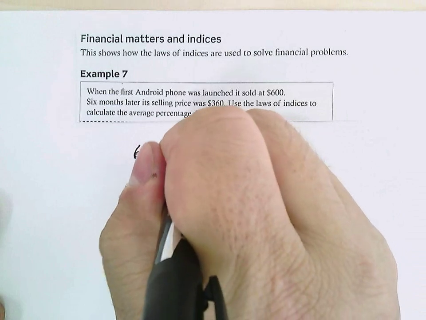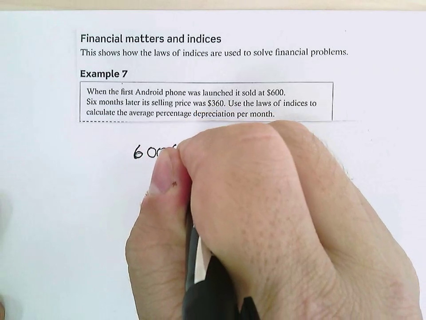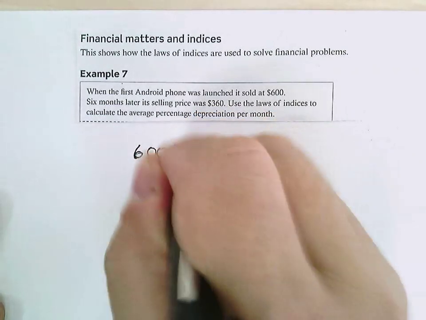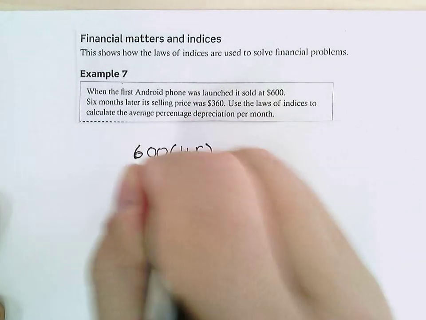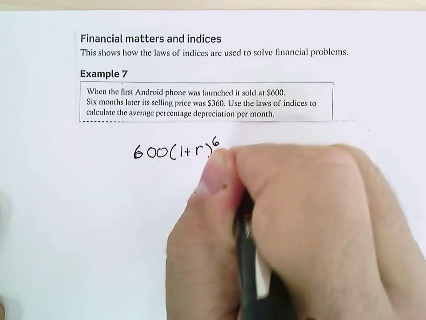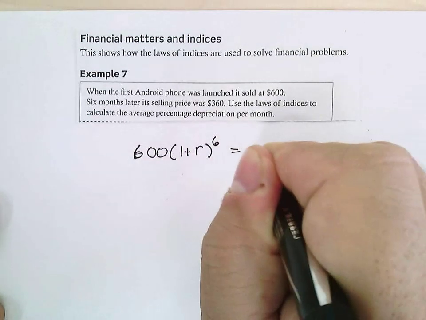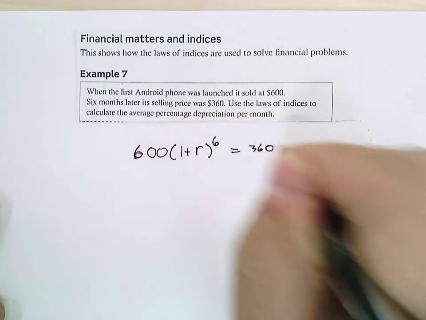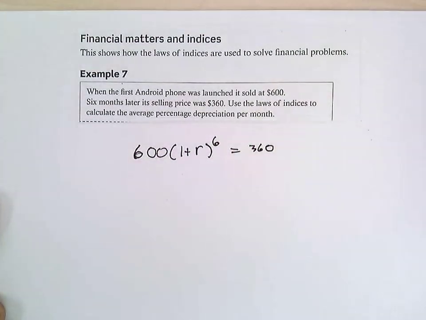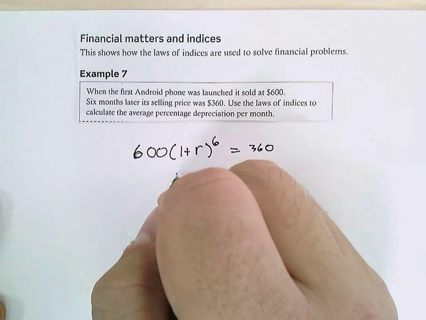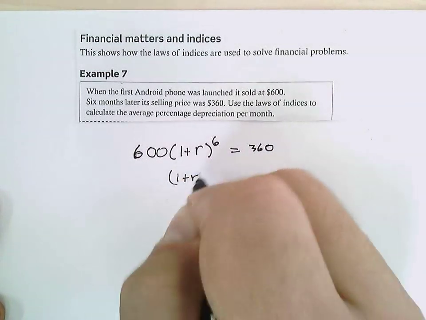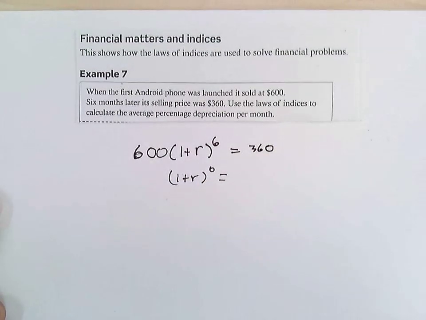I know it has to be 1 plus some type of ratio R, and then after 6 months, it depreciated to 360. Good. And then if I take 360 and divide it by 600, I'm going to be left with 0.6, I think it is.